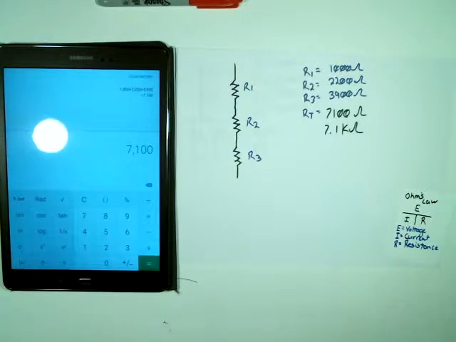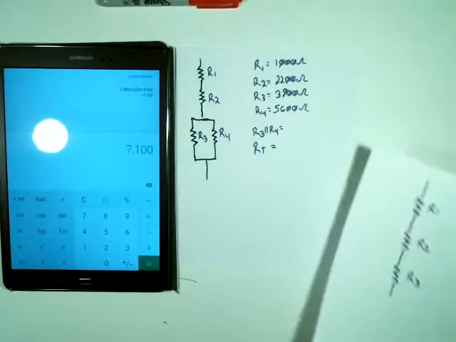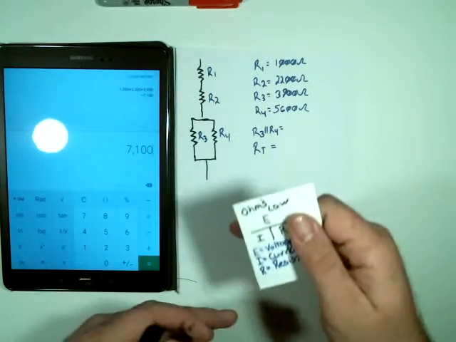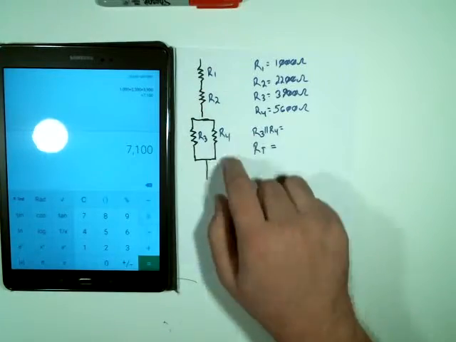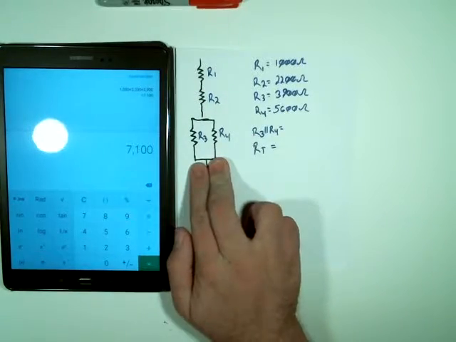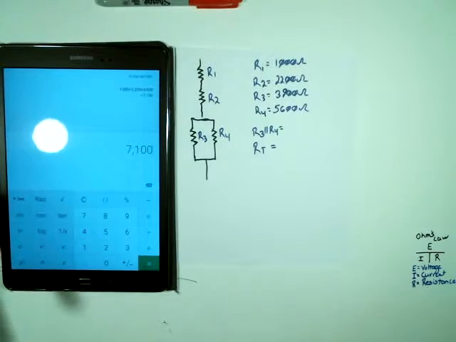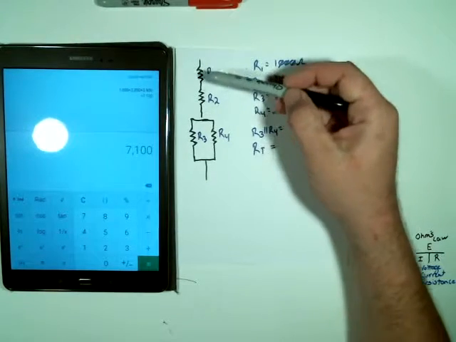Okay, pretty simple. But then we can get to something like this, where we have two series resistors and then a set of parallel resistors in series with those. Really, the same rules apply. Resistance is additive in series.